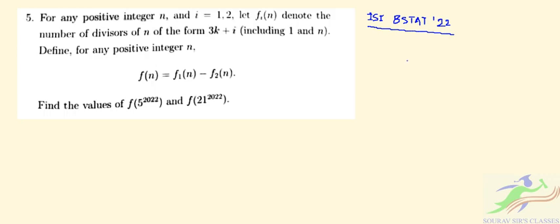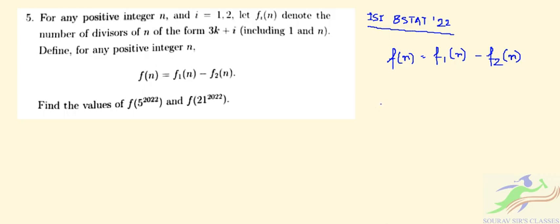Define for any positive integer n, f(n) equal to f1(n) minus f2(n). Okay, so to find the value of f(5 to the power 2022) and f(21 to the power 2022), right?